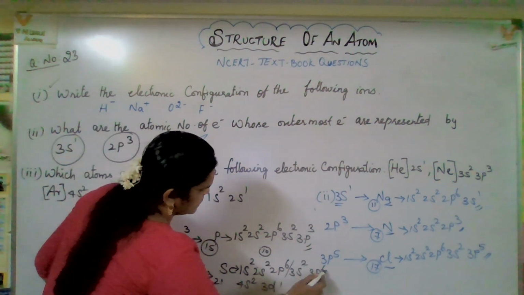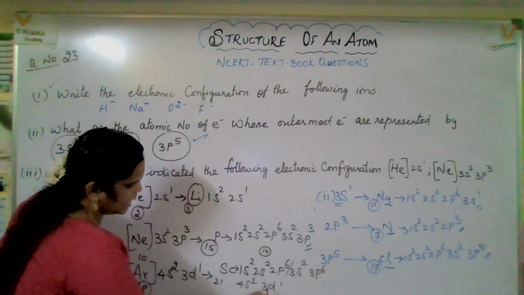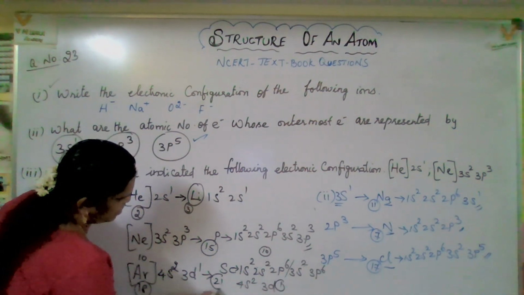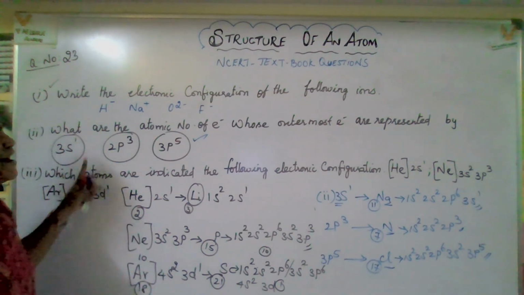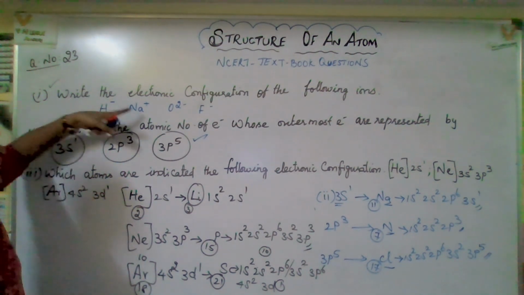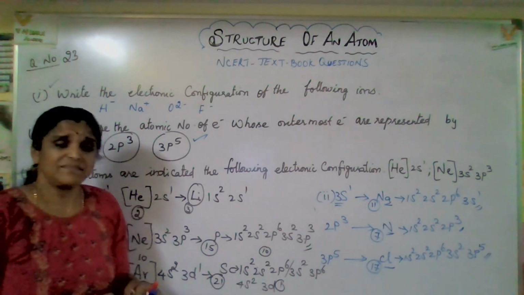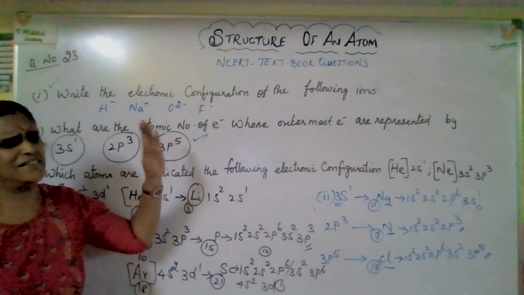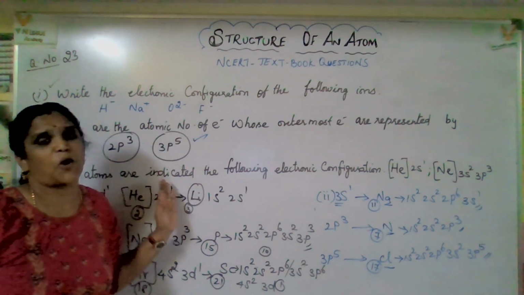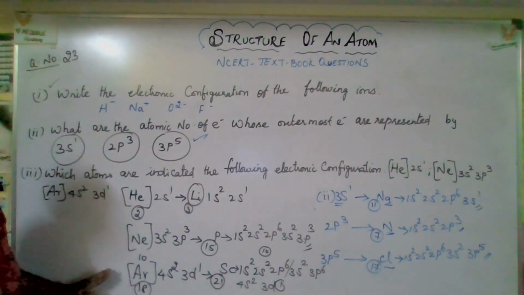So 2 plus 6, 8, 8 plus 2, 10. 20 electrons are there. Here 21 electrons. Scandium 21. I hope you got a clear idea how to calculate this. Actually, this is very interesting. Distribution of electrons, electronic configuration, actually it's a really interesting topic. I hope you got a clear idea.